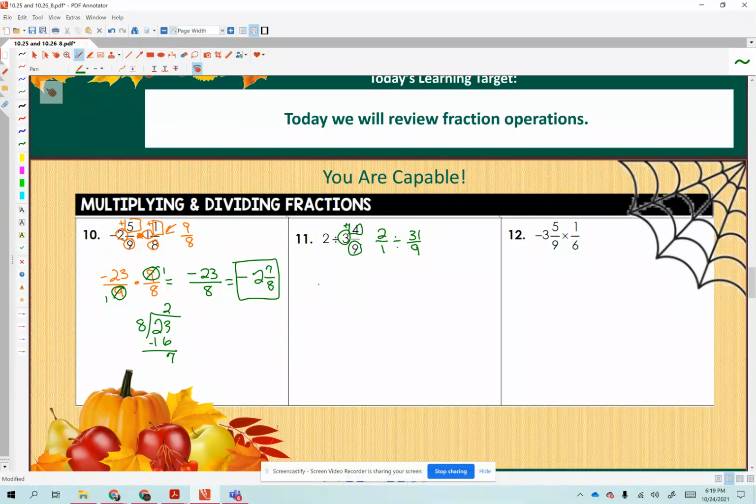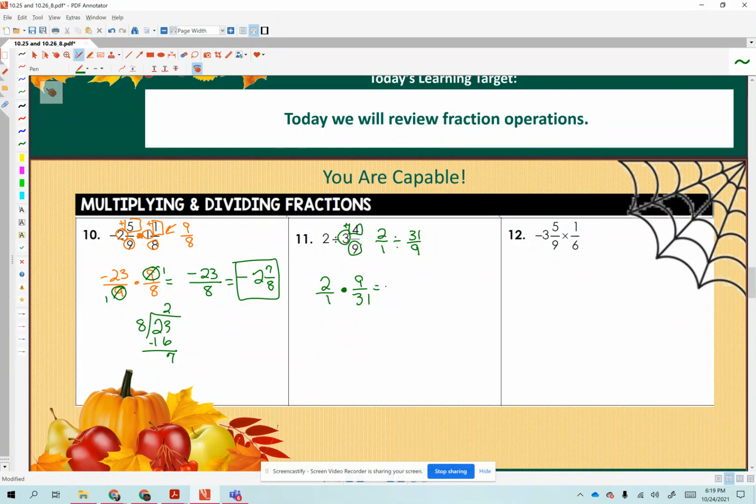So when we rewrite this, we keep the first fraction, we change the division to multiplication, and we will invert that second fraction. Now, there are no opportunities to cross divide and simplify. We don't have any common factors between the 2 and the 31, and the 1 and the 9 already has a 1 in the denominator. So there's nothing really we can do there to make that any simpler.